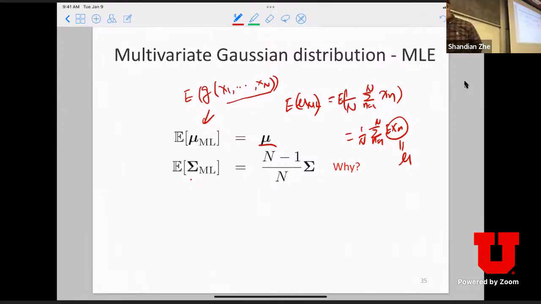Okay, so basically we need to first realize that this is just one possible way of estimating parameters. It's called MLE. You might have all kinds of other ways to estimate those parameters. In MLE, you maximize the log likelihood.